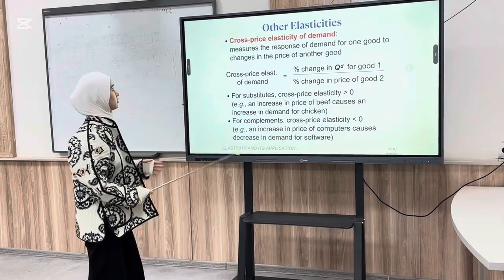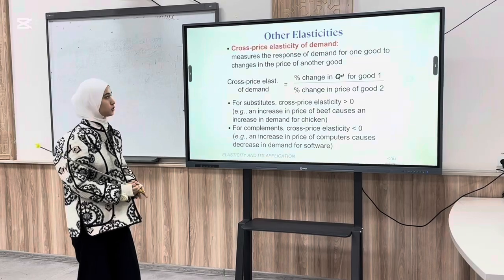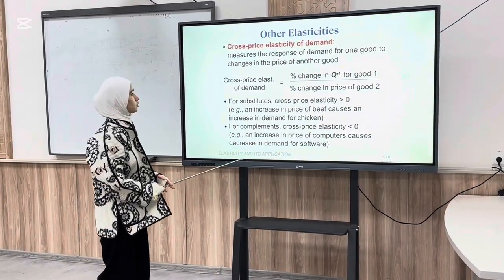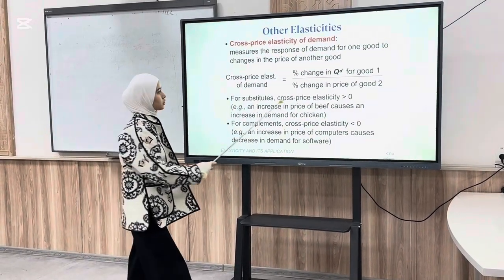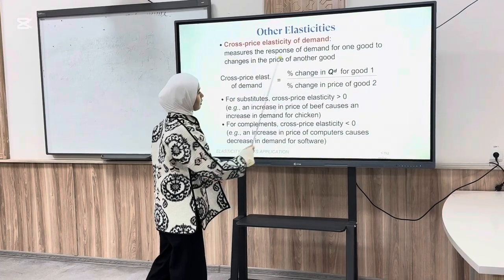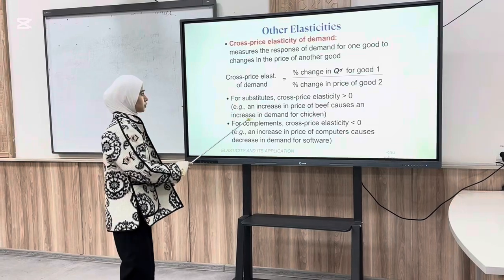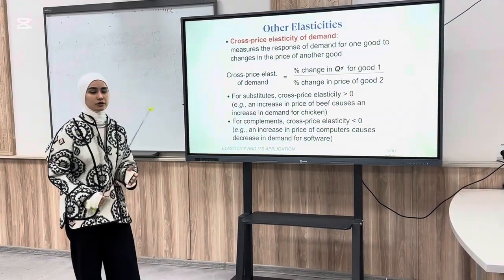And the second one is cross price elasticity of demand. It measures the response of demand for one good to a change in the price of another good. And the formula of it is percentage change in QD for the first good divided by percentage change in the price of the second good. For substitutes, cross price elasticity is higher than 0.